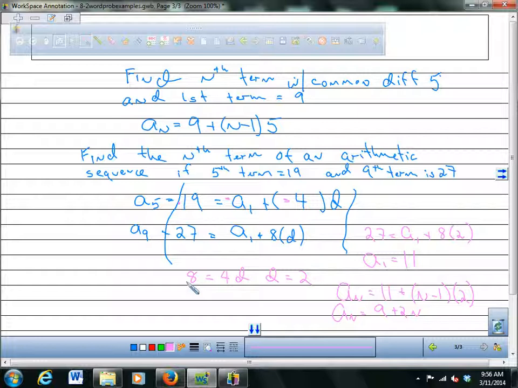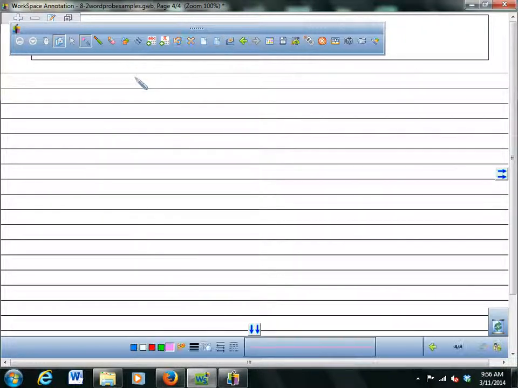Questions? All right. So in the book, they go through the derivation of this formula, but I'm not going to do it. It involves a process we taught last year called mathematical induction, but we're not going to do it right now.